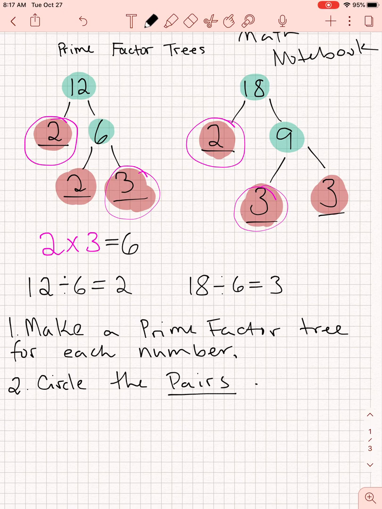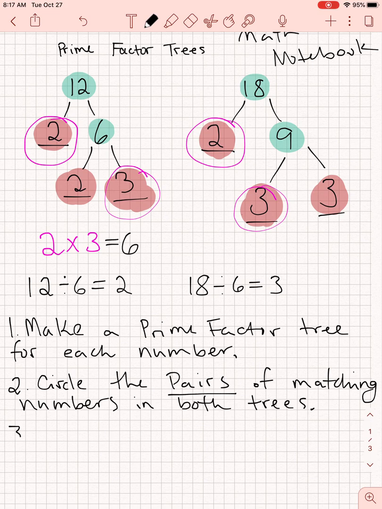Circle the pairs of matching numbers, and make sure that the pairs are matching numbers in both trees, not in the same tree.